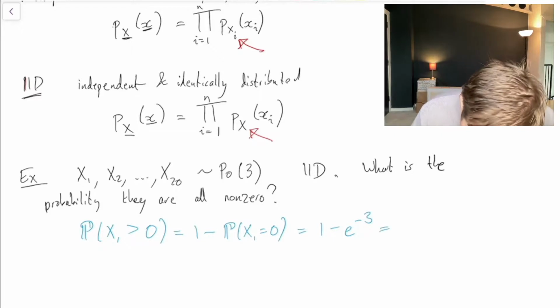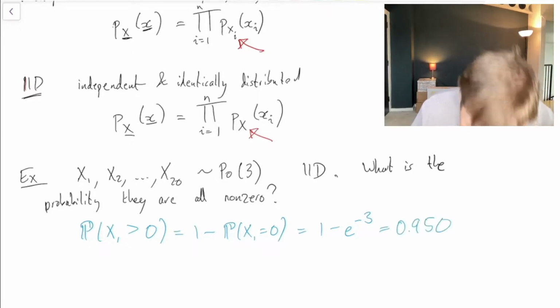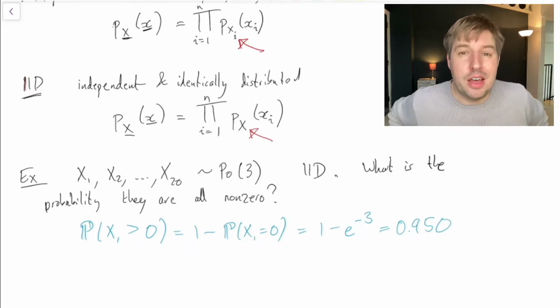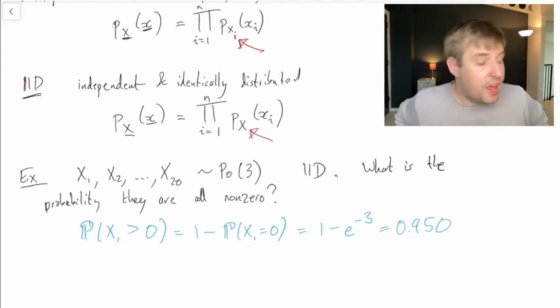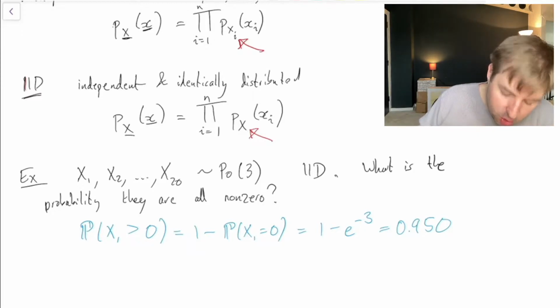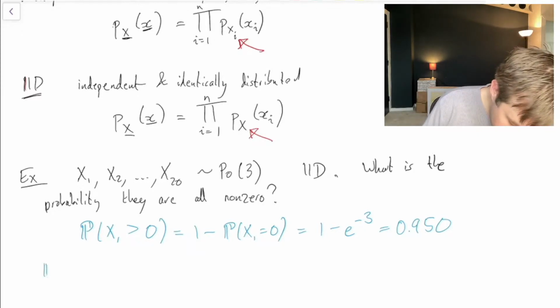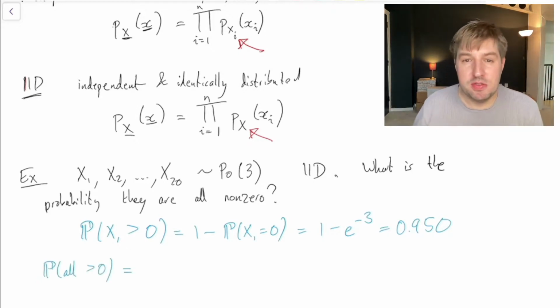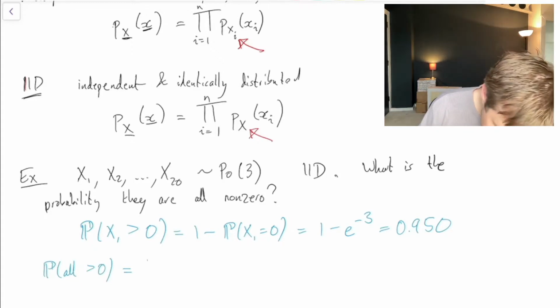I typed that into my calculator earlier, and I got that it was about 95%. Although we've written that down for X1, because they're identically distributed, that's also true for X2, X3, X4, X5 and so on. So what's the probability they're all non-zero? Because they're independent, we can just multiply up the probabilities for each of them individually.